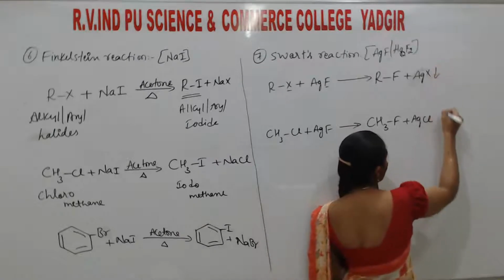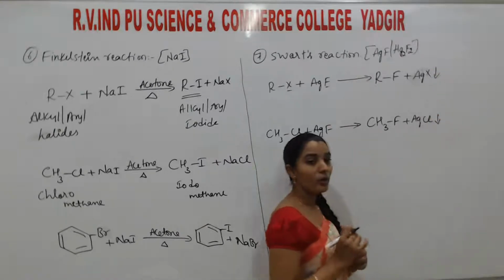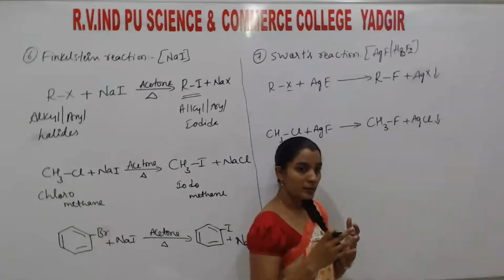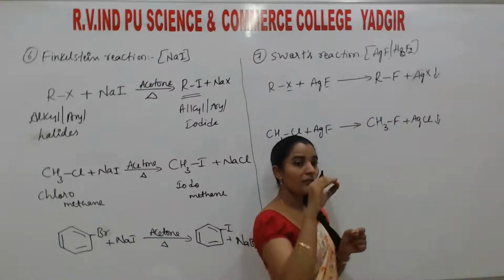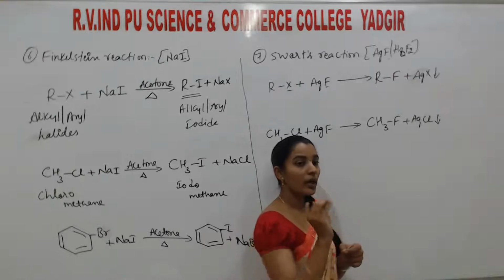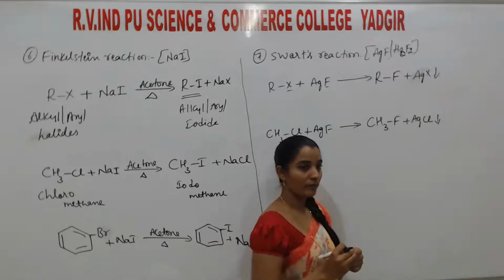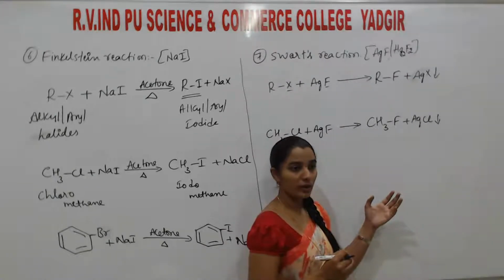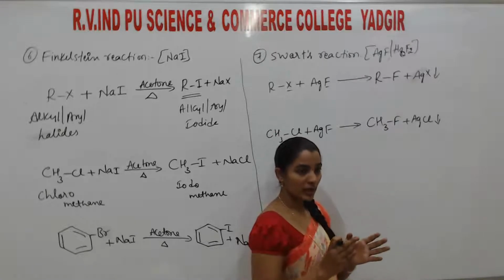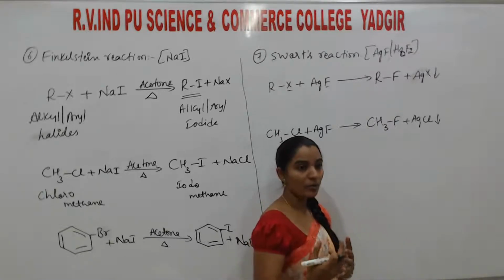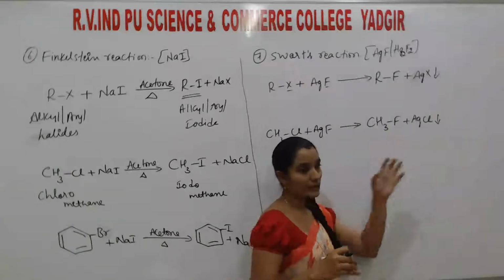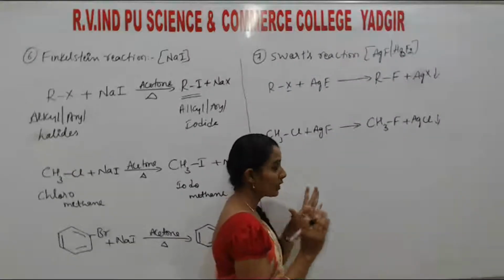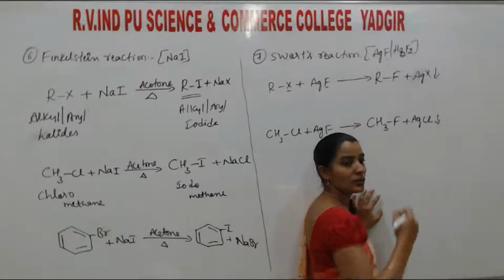So students, how can you tell whether the reaction is taking place or not? Because this is going to precipitate. I hope you understand, or you already observed it in the salt analysis. If Cl is there, if you add AgNO3 solution, a white precipitate will form in the salt analysis laboratory. Second group acid radical chloride may be present. How to confirm? If AgNO3 is added to a salt solution, a white precipitate is there. So if AgCl is there, that is a white precipitate.